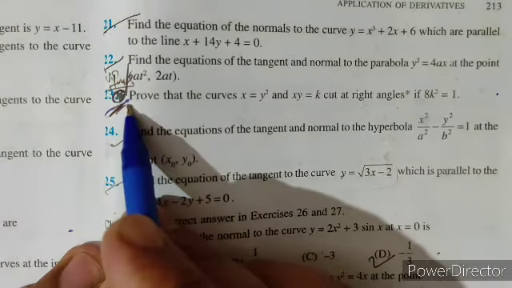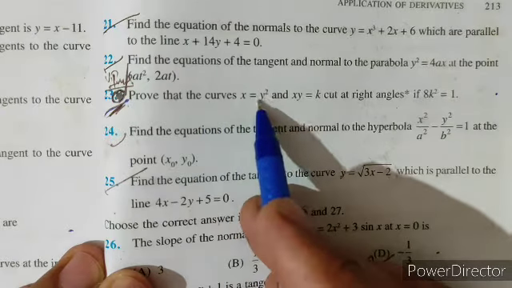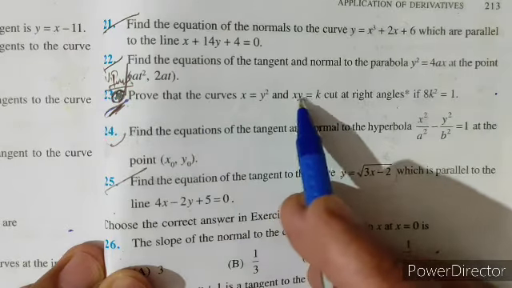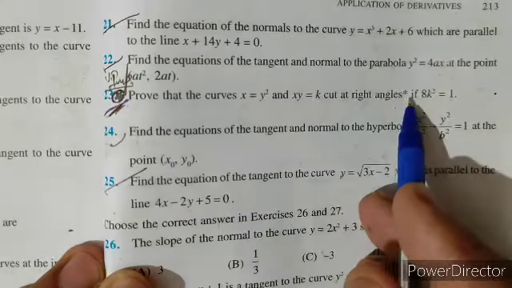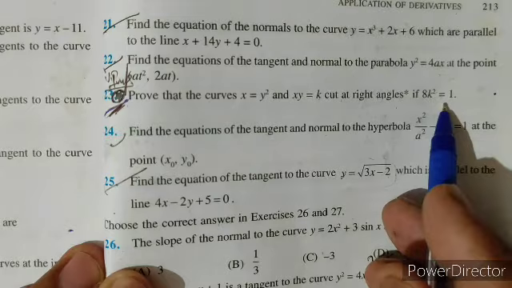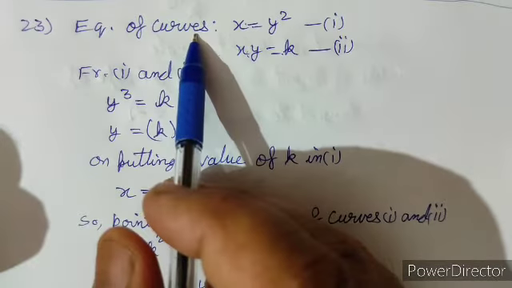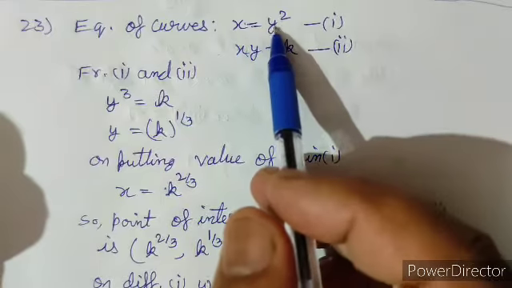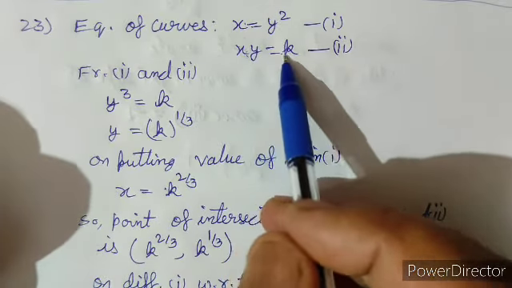In question number 23, we have to prove that the curves x equal to y square and xy equal to k cut at right angles if 8k square equal to 1. Now equation of the curves is given to us. First curve is x equal to y square and second curve is xy equal to k.